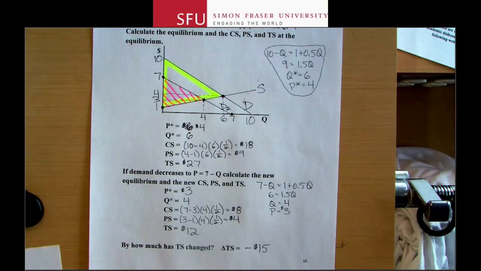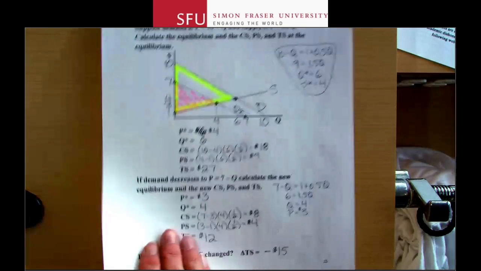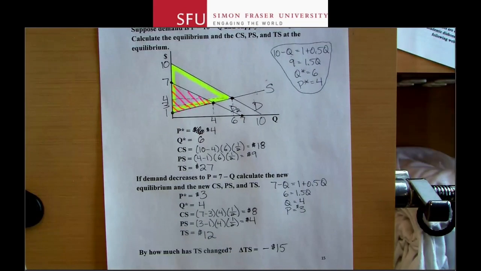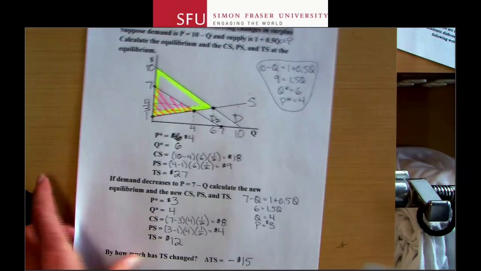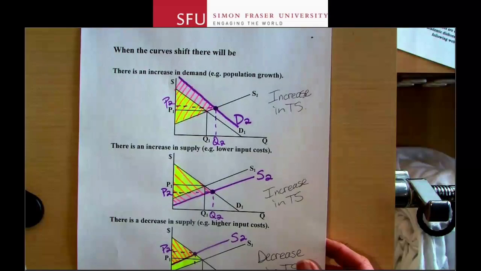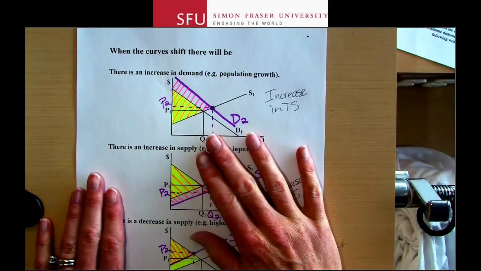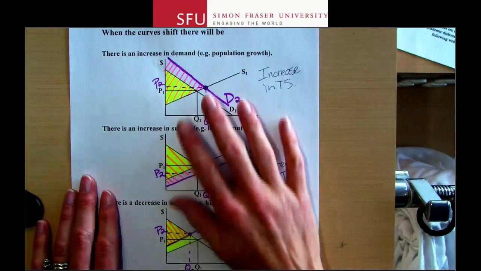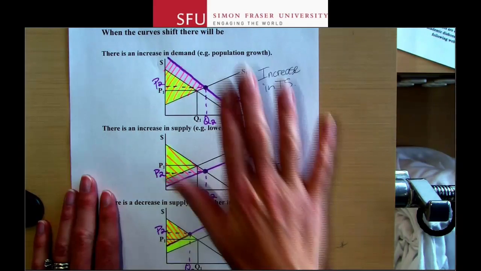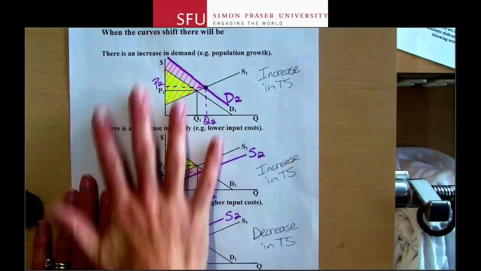With the other diagrams with the curve shifting, where did I put it? Oh, there it is. The market was at the equilibrium. So in all of these cases, the before picture and the after picture, the market's at the equilibrium. So all of this is efficient. There's no inefficiency here.